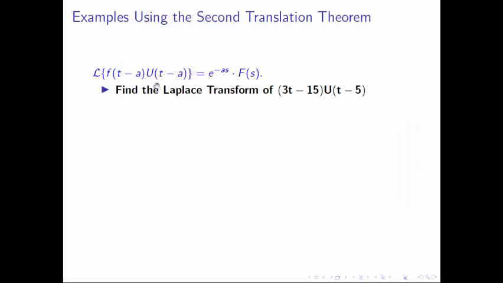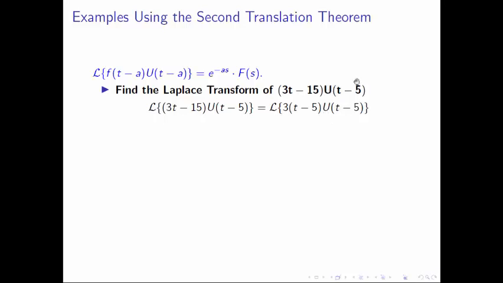I'll work an example. So here's the property. Here I want to take the Laplace transform of this product, 3t minus 15 times the unit step function at t minus 5. Now that is not exactly in this form, but I do recognize if I factor out a 3, I would have 3 times a function in terms of t minus 5 times the unit step function in t minus 5.